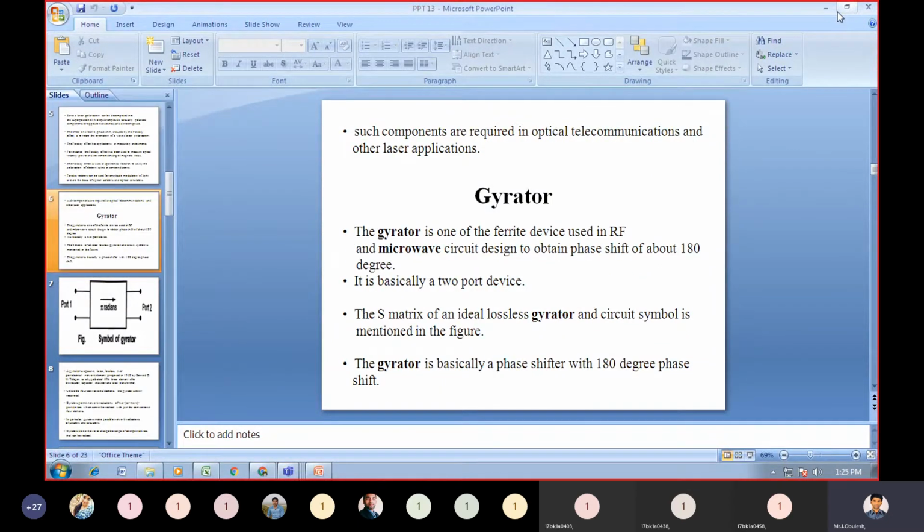Such components are required in optical telecommunications and other laser applications.